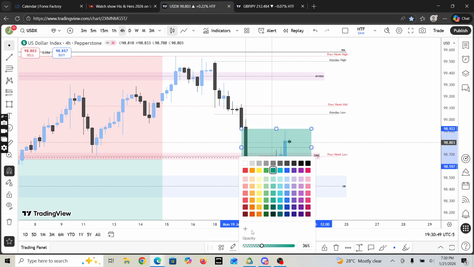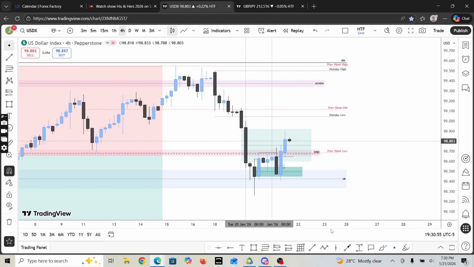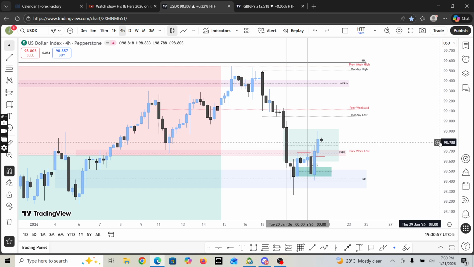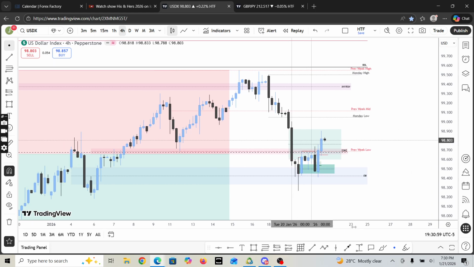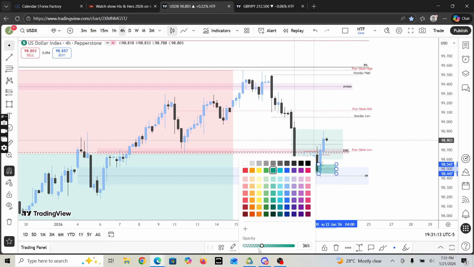I'll be looking at this one, right? I would love to see price trade to close above this inefficiency level as a first sign of the H4 order flow turning bullish, right?